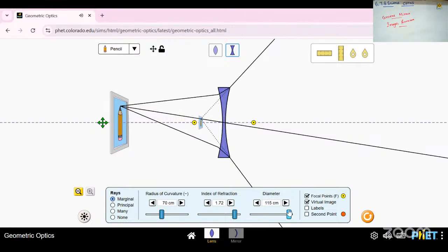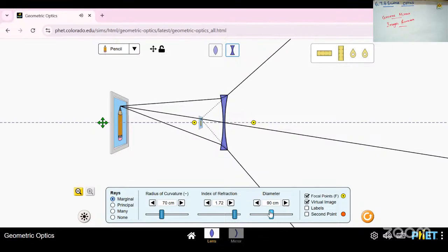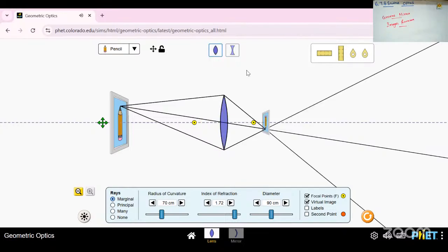When I increase the diameter, the size of the lens also increases, but there is no change in the image. The image size does not change. Diameter means only the size of the lens differs. So this is the right idea.